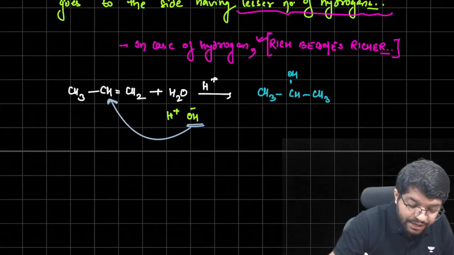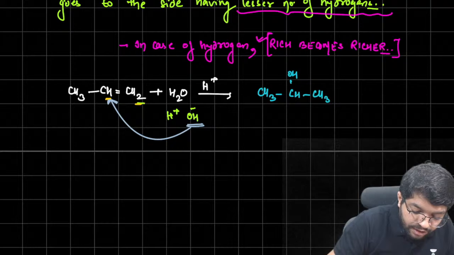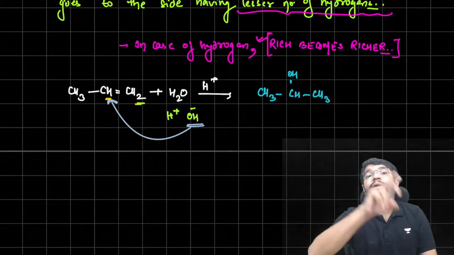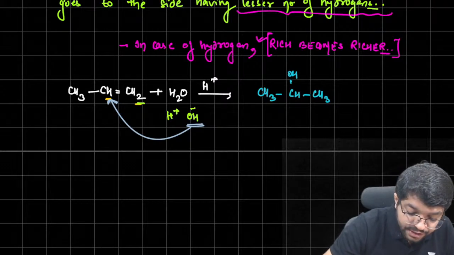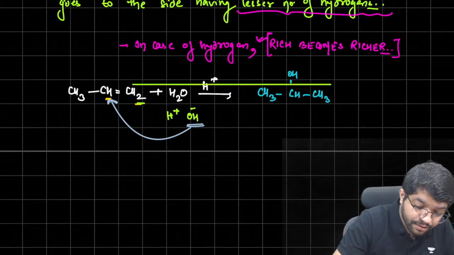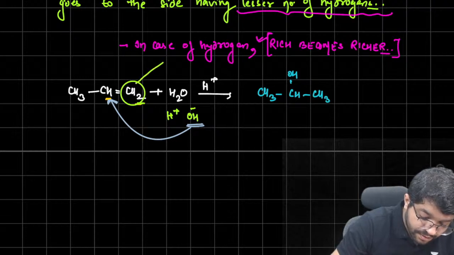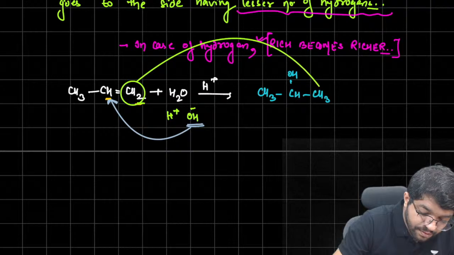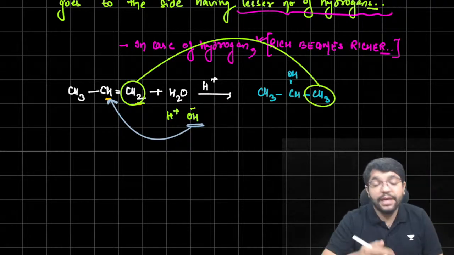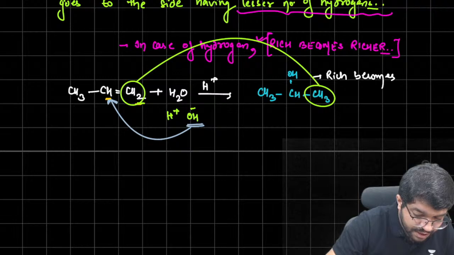You see, one carbon already had two hydrogens and the other had one; the one with the higher number of hydrogens got one more hydrogen. CH2 became CH3, which we call rich becomes richer.